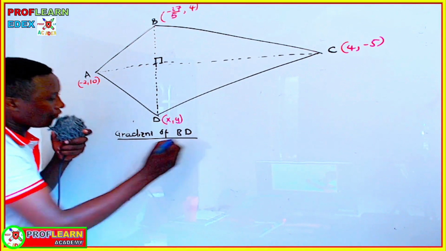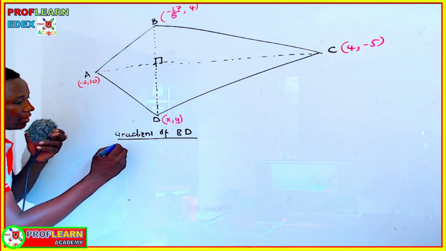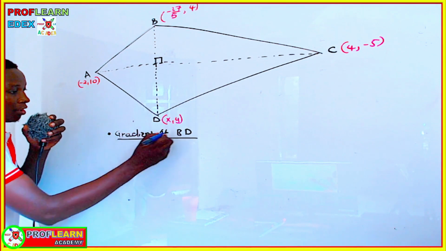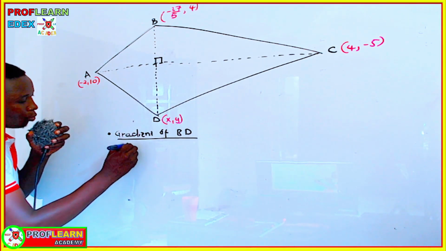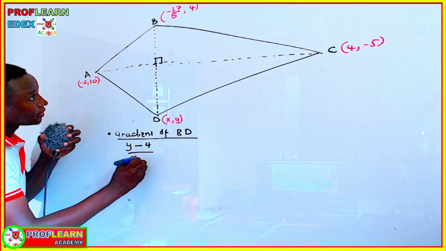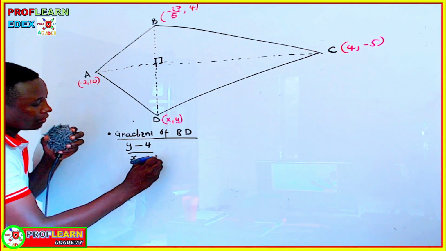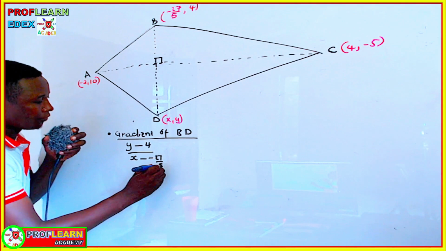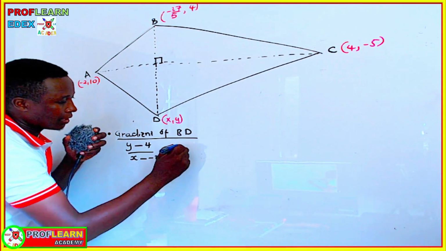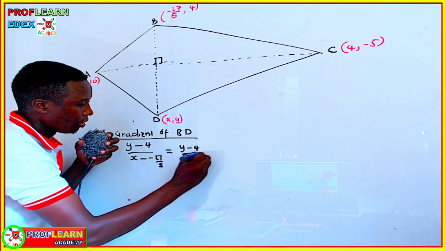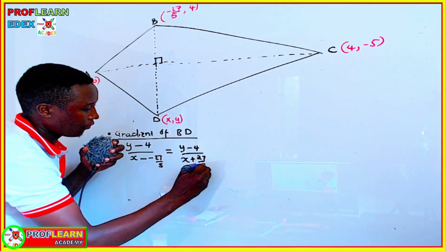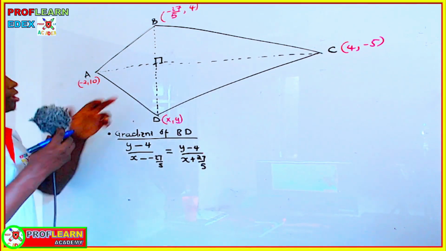That's the first thing we are going to do. The gradient of BD is y minus 4 over x minus negative 27 over 5. If we work that out, we get y minus 4 over x plus 27 over 5. This is the gradient of BD.